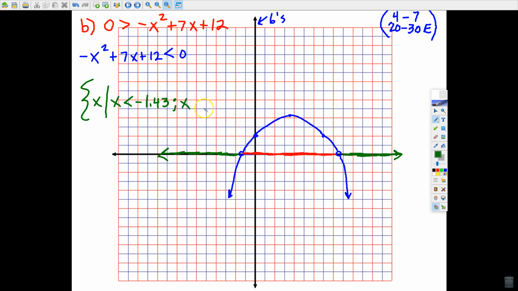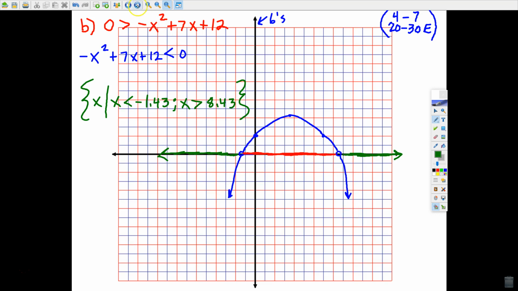All of the values for x that are greater than 8.43, that's all of these numbers. So I just used the green arrow matched up with the inequality to hopefully help you see the x coordinates for this particular parabola that fall below the x-axis.